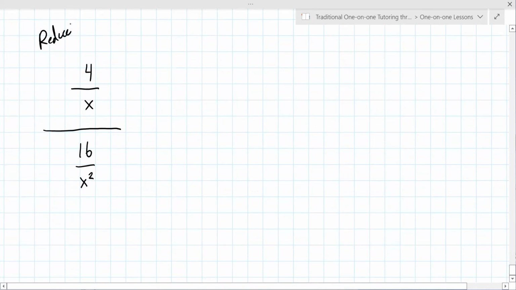Yes. Would it become 4 over x times x squared over 16? Yes, you multiply by the reciprocal. Okay.